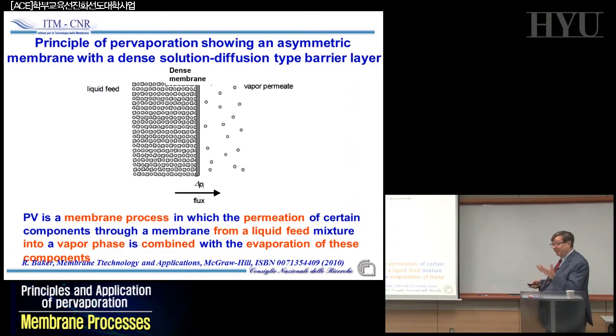So you have evaporation from a liquid feed into the vapor phase, combined with permeation across the membrane. We have two different phenomena: traditional evaporation, and also permeation. These two phenomena together give the overall performance of your pervaporation system.